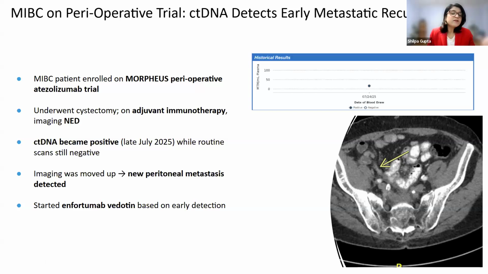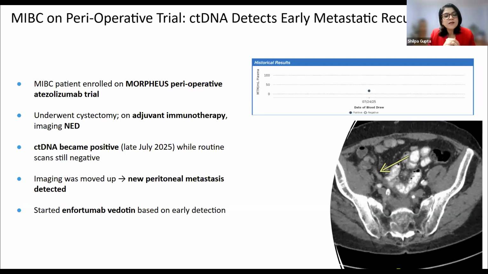So I actually moved his scans. Had I not had this test, I would not have done his scans until October or November, because he's past that 2-year mark. And so we moved the scans up and found that he had a new peritoneal met, a solitary met.